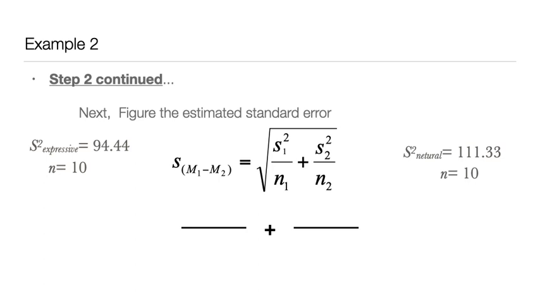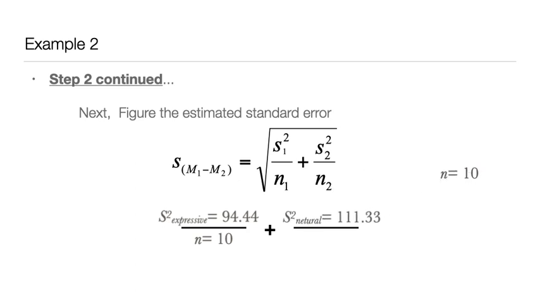That's because we're talking about a distribution of sample means versus a distribution of individuals, and so we will have less variance in that, which is why we divide by this n. We're not looking for variance, we're looking for standard error. So for our expressive group, we'll take 94.44 and divide that by 10. For our neutral group, we'll take 111.33 and divide that by 10.